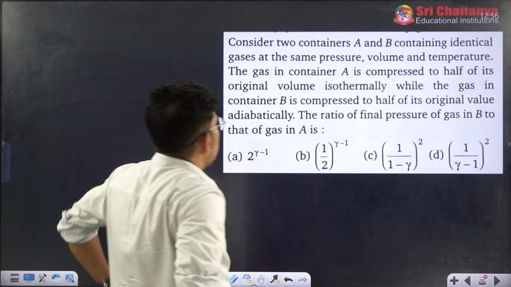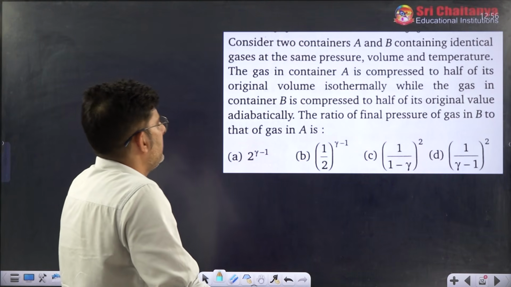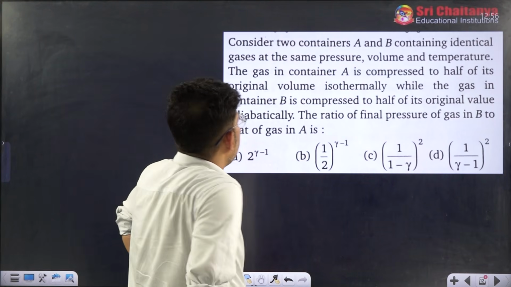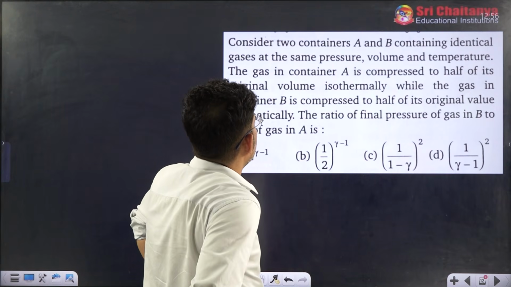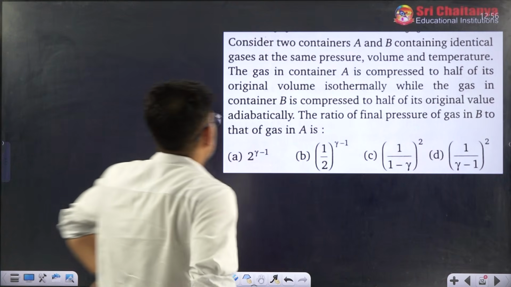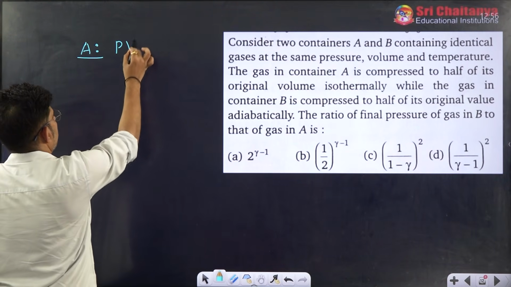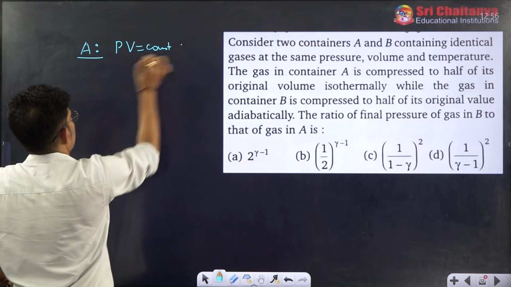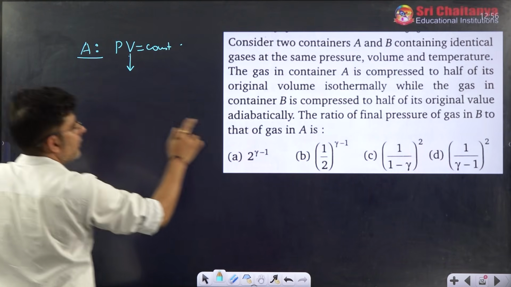Next question. Consider two containers A and B containing identical gases at the same pressure, volume and temperature. They have identical gas, everything same. Gas in container A is compressed to half of its original volume isothermally. So for gas A, isothermal process, PV is constant. So volume you have made how much?